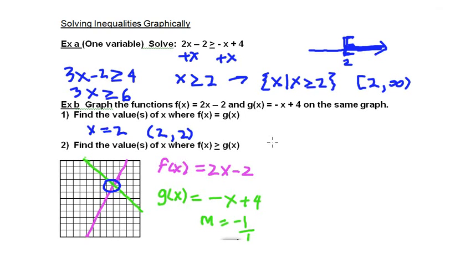And so the x values where f of x is greater than or equal to g of x are again when x is greater than or equal to positive 2. And we can write this in set builder notation: the set of all values of x such that x is greater than or equal to positive 2.